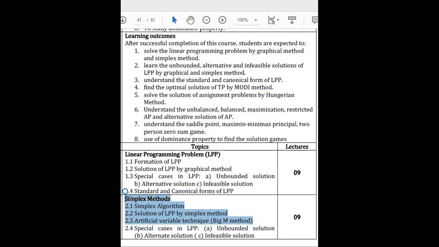It is known as Big M method. Special cases in LPP, unbounded solution, alternative solution, and infeasible solution.